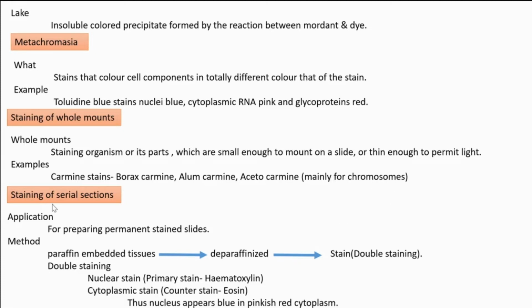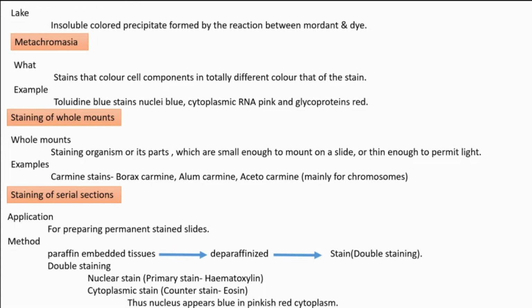Next is another type, staining of serial sections. Where is this applied? This method is mainly applied whenever we need to prepare permanently stained slides. For biological studies, many slides are prepared permanently for easy use, because it is very difficult each and every time to take the specimen, cut, embed and stain it to see.